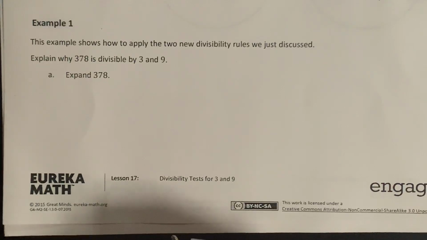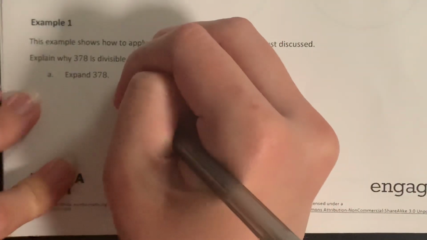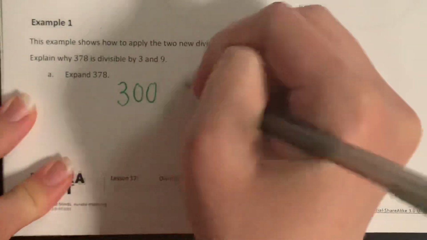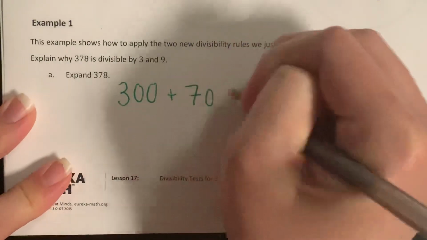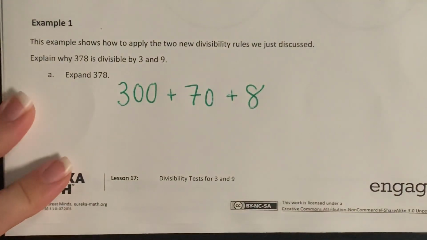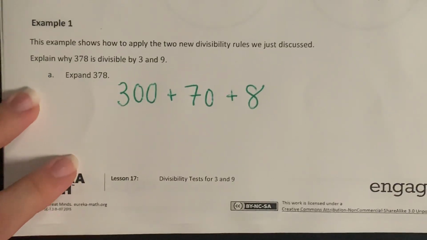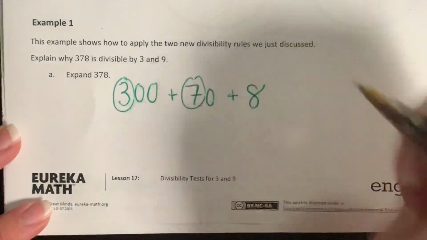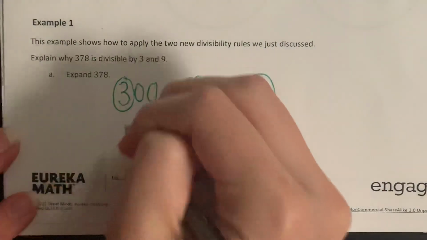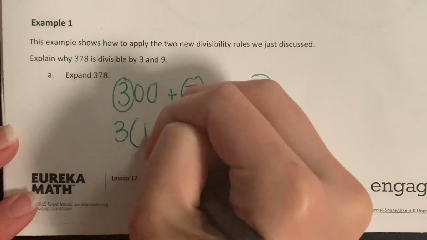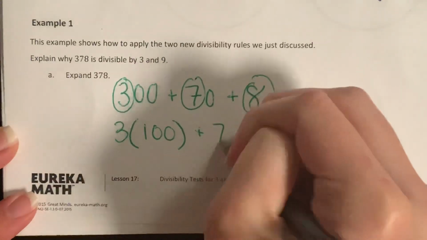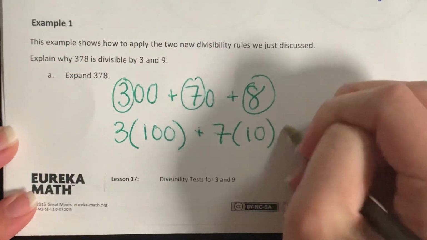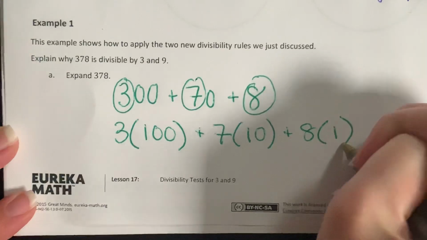When we expand it, we're just putting it in expanded form. 300 plus 70 plus 8. Do you remember the second step? We pull out the first digit. Now I have 3 times 100 plus 7 times 10 plus 8 times 1.